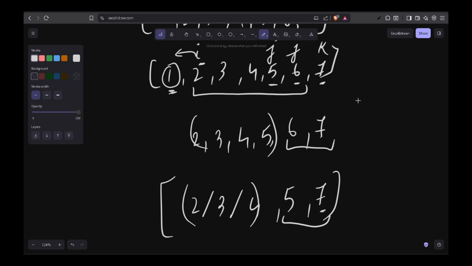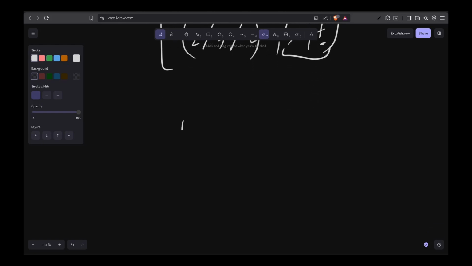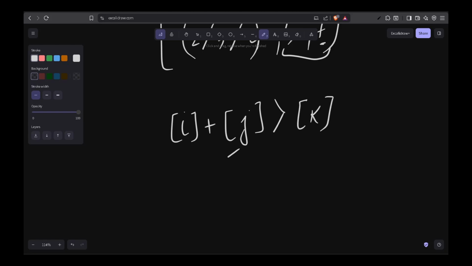So what we have seen is, if value at i plus value at j is greater than value at k, there can be two things: if this is true or this is not. If this is true, we reduce j minus minus, and before that we do count plus equal to j minus i, right? We count every combination from i till j and then we reduce j.